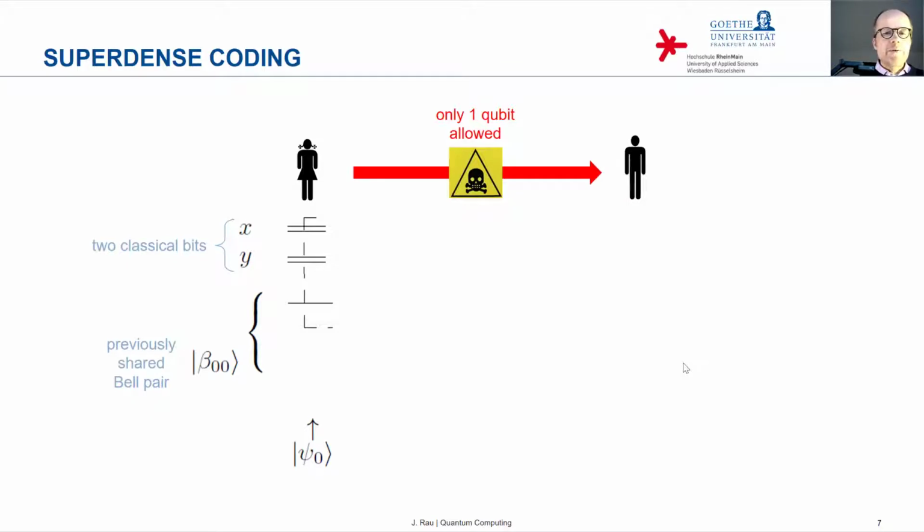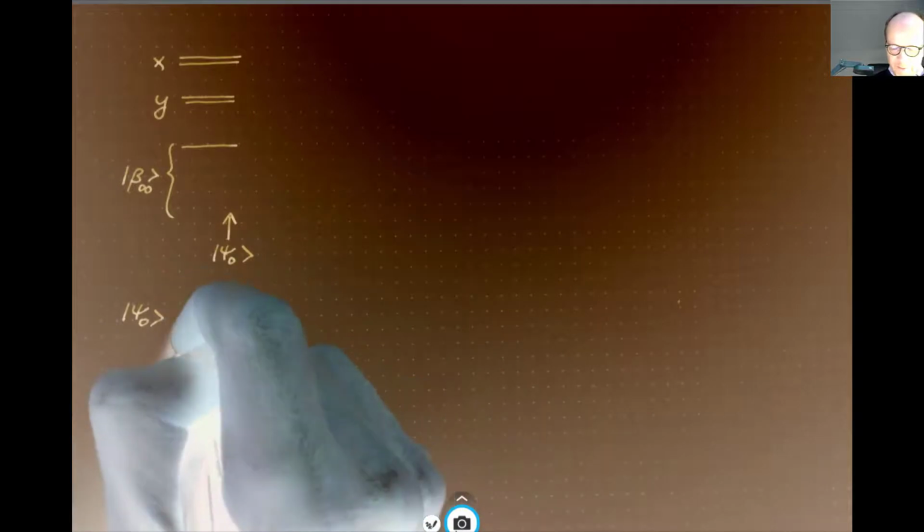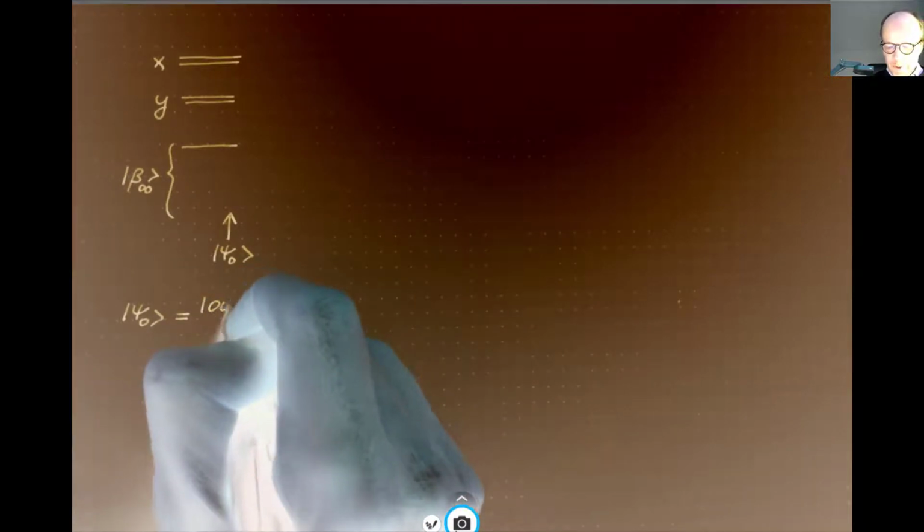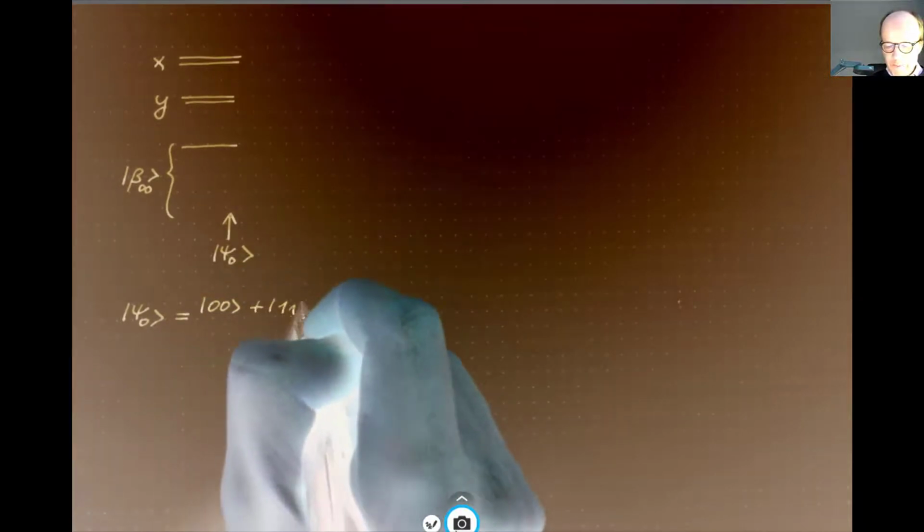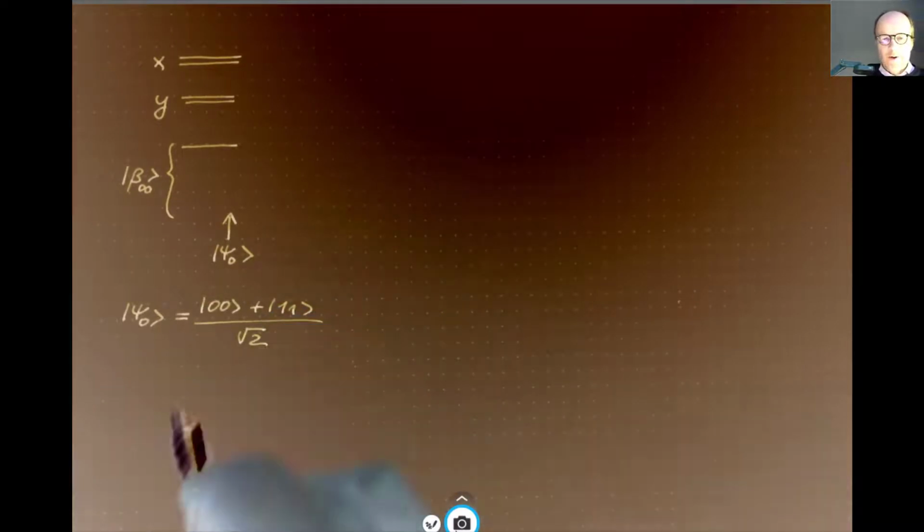Let me remind you what this Bell state beta 00 looks like. That's precisely the state in which we will start the protocol, so that's the psi 0. That was the superposition of 00 and 11 over square root of 2. This is our starting point.